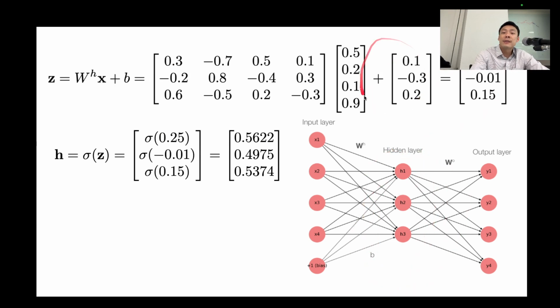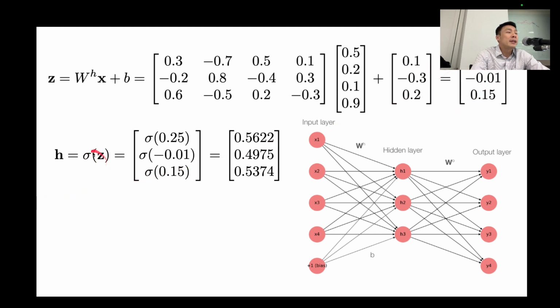So, and what's this guy? This is the bias term. So you have a bias vector. So you have a bias for each hidden unit in the hidden layer, H1, H2, and H3. And you sum it up and you get what? You get Z, okay?